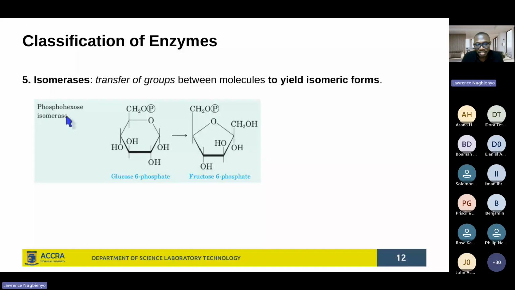It's an isomerase that is acting on the substrate phosphohexose. What's a phosphohexose? A phosphohexose is a 6-carbon sugar with a phosphate group. So you see, glucose 6-phosphate is a phosphohexose because it contains 6 carbons and there's a phosphate group there on carbon number 6. That's why it is glucose 6-phosphate. The same way you see fructose 6-phosphate is also a phosphohexose.